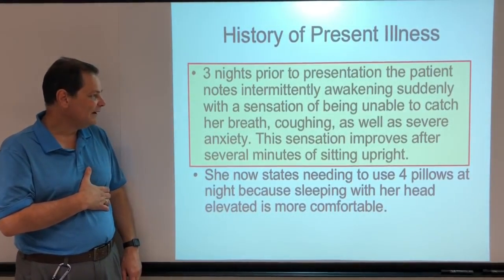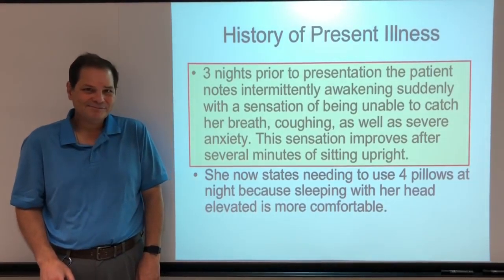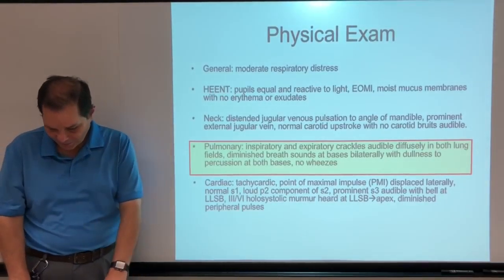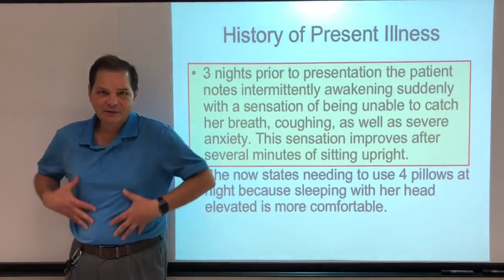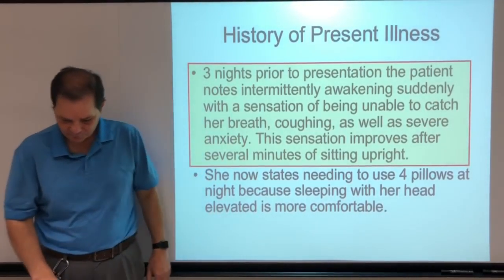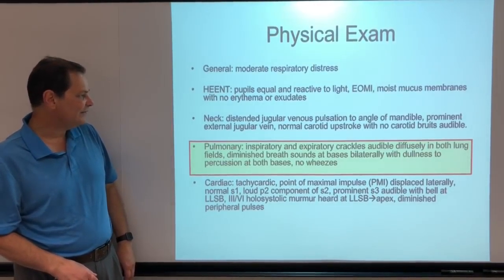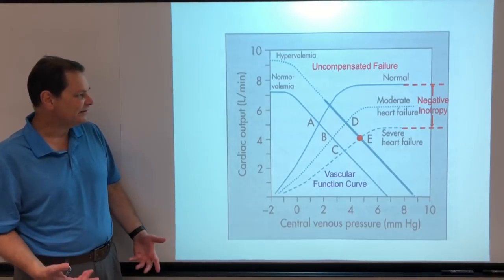She's coughing, and if she sits upright, the sensation goes away and she gets better. And she now has to prop herself up on pillows in order to get to sleep at night, to make sure that she's upright. She has crackles in her lungs.